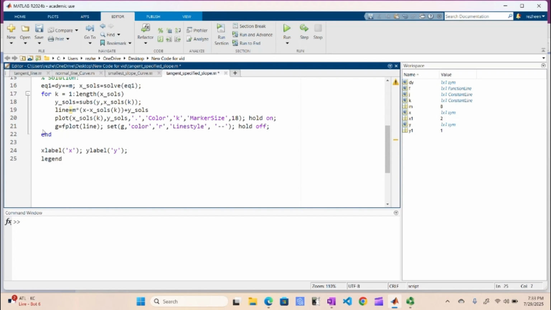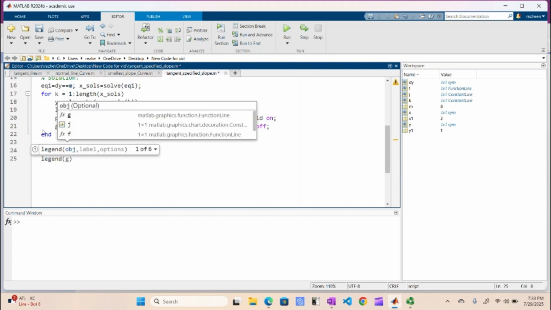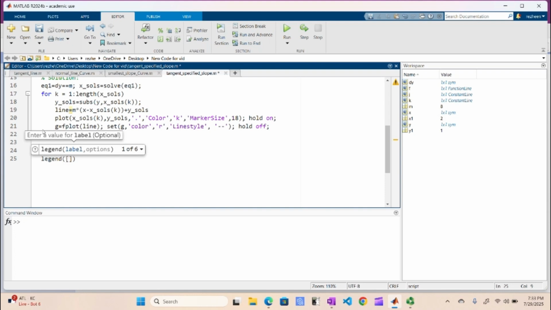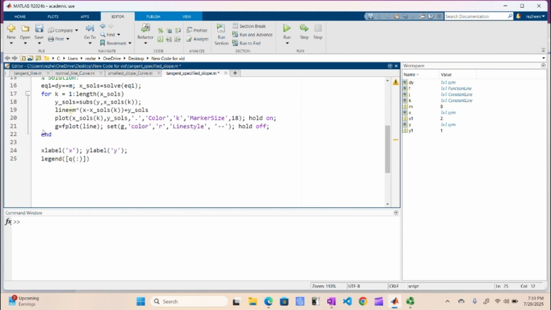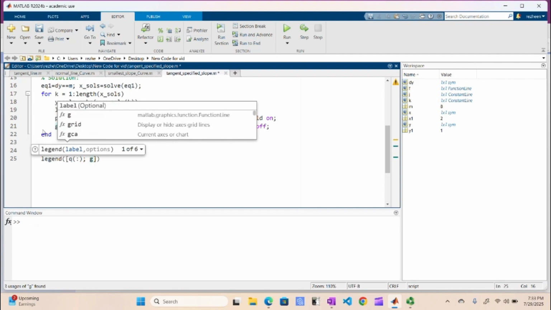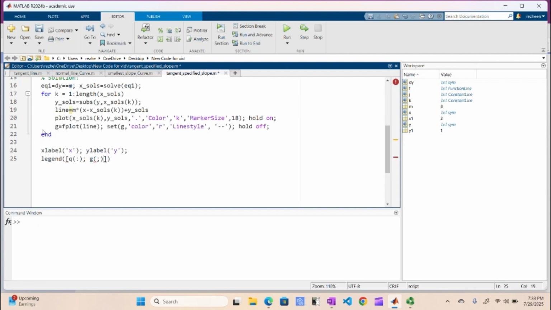Because our legend will not be in order, we're going to call the first plot Q, and also G. The first one will be curve, and the second one will be lines with slope of 8.